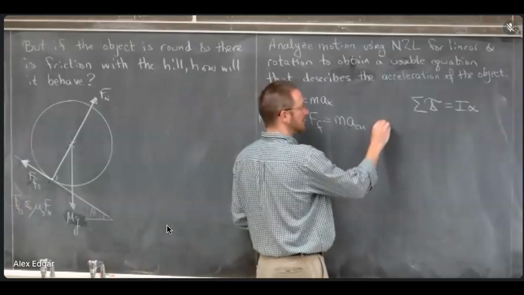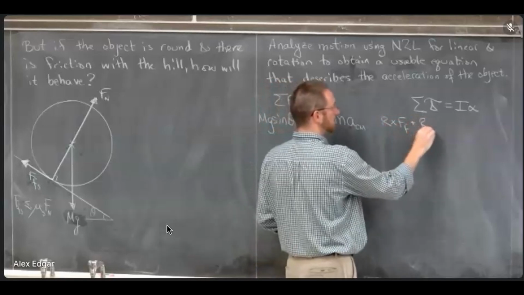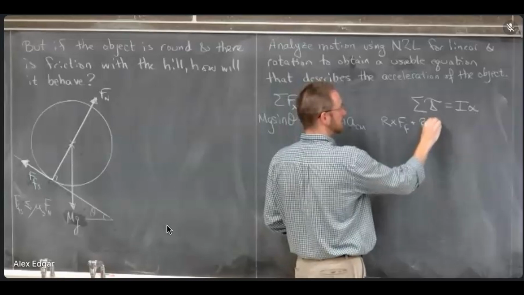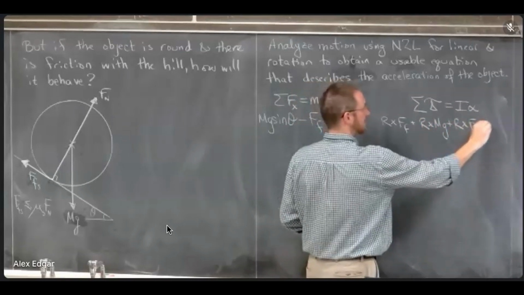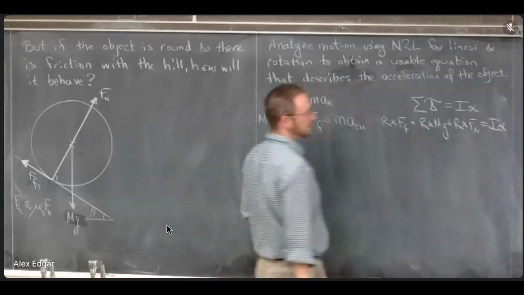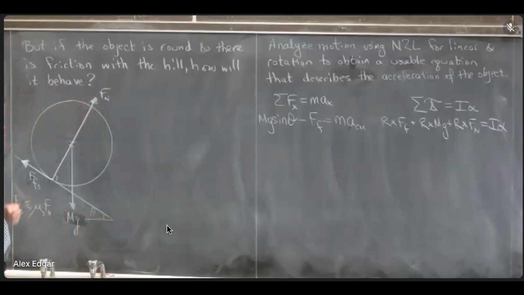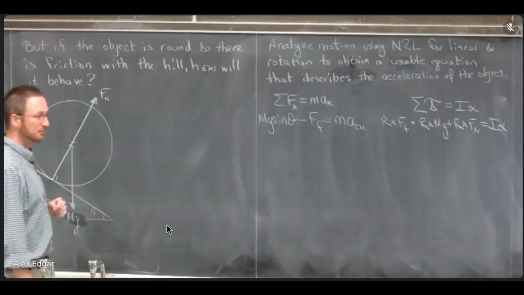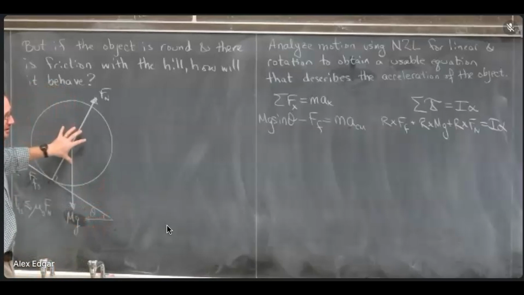So for all of these guys, we're going to have r cross F_f plus r cross mg plus r cross Fn equals I alpha. Now, the other benefit of putting the point of rotation at the center of mass is that our rotational inertia, I, will simply be the rotational inertia at the center of mass, which for an object like a disk is a known quantity.